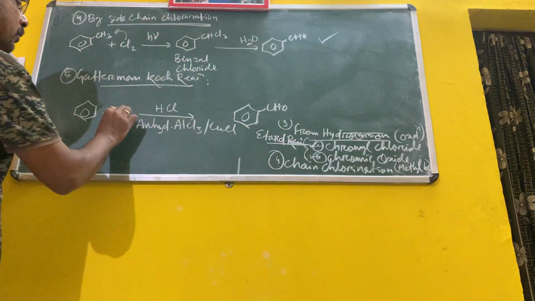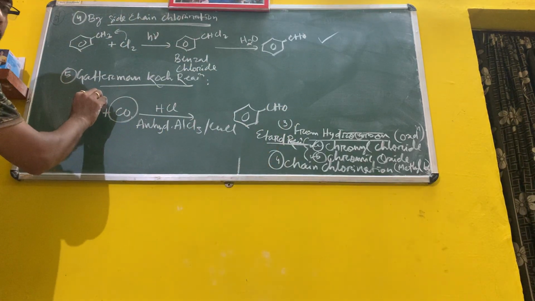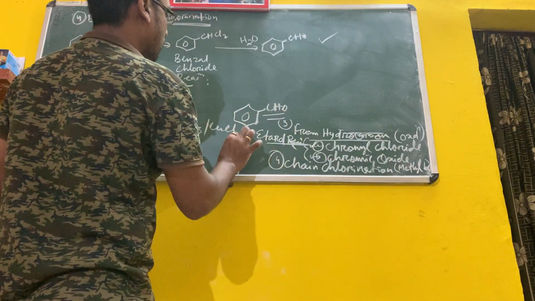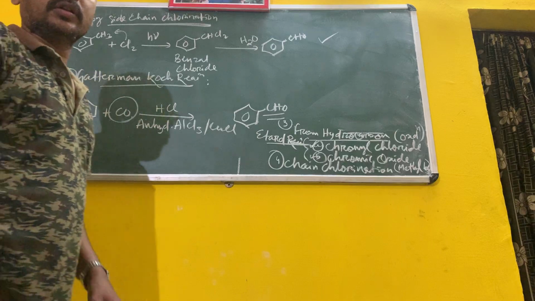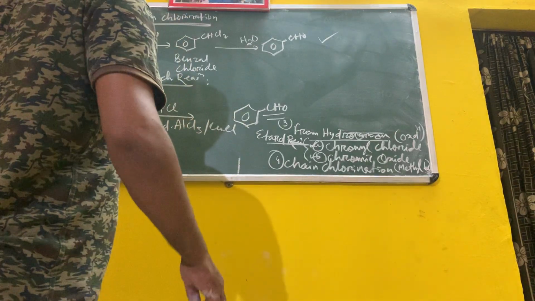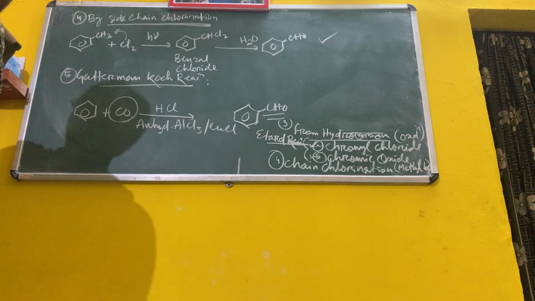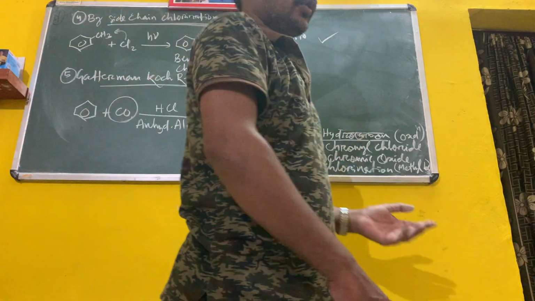You have to remember this one is CO, here is H. So H and CO will be added to form CHO, benzaldehyde. So these are all about the preparation of aldehyde, which is most important.